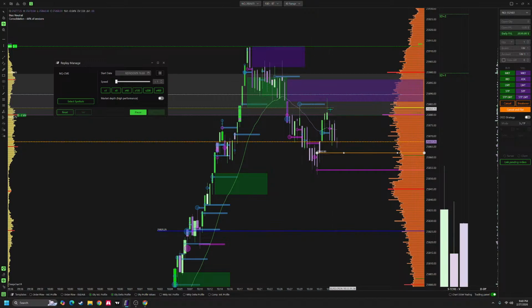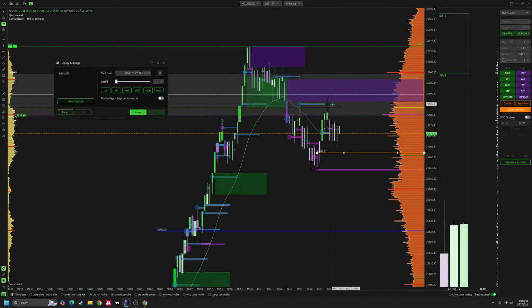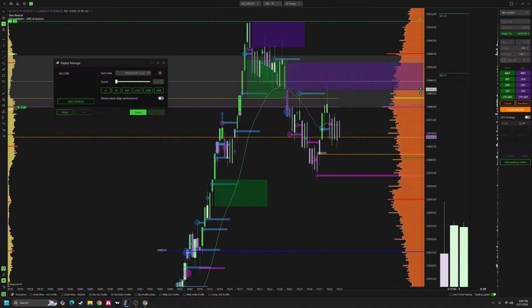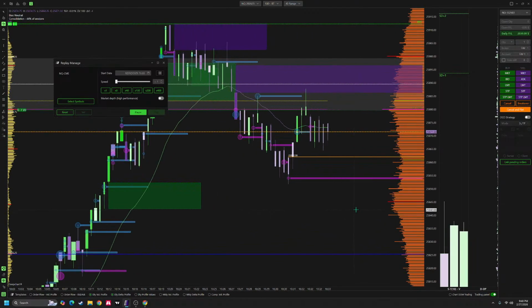All right, so a lot of absorption. So sellers just eating up the aggressive buying. So we're 1 hour and 3 minutes into this February 1st session.